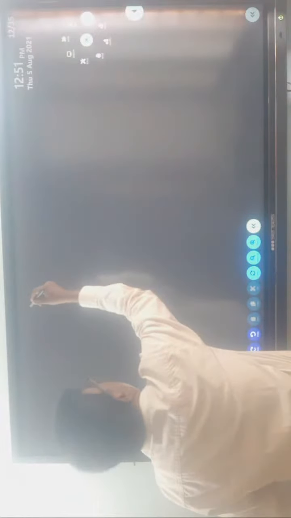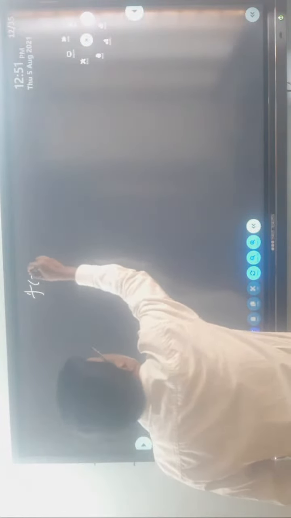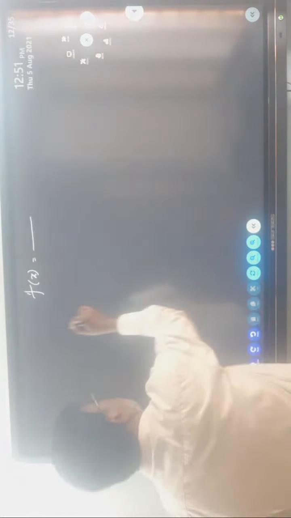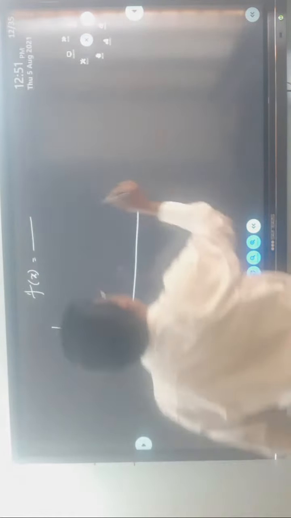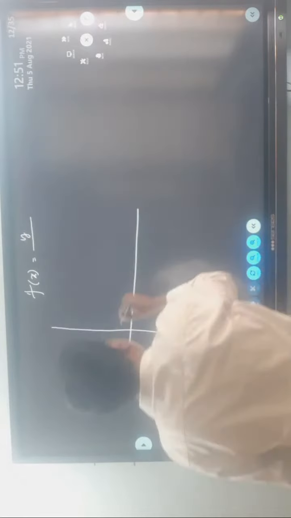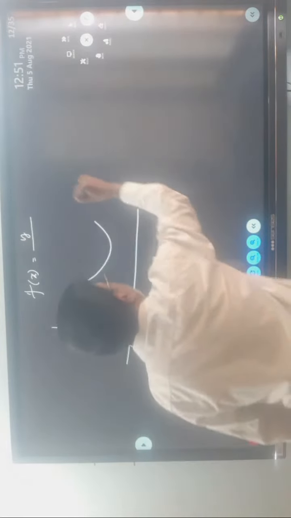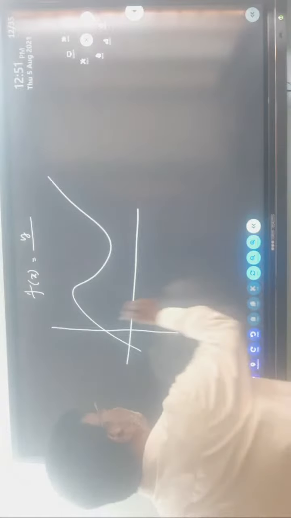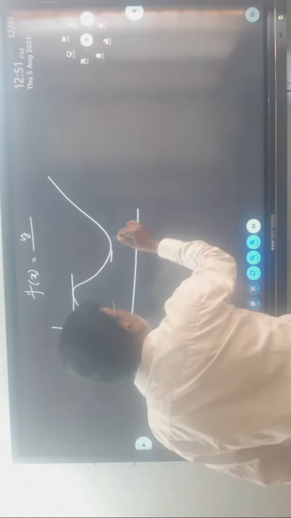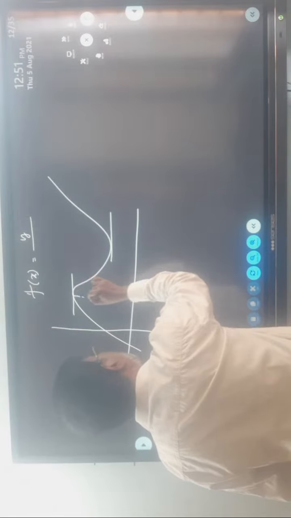Suppose f(x) is given to you, and y = f(x) is a curve like this. Where f'(x) = 0, the slope is equal to 0 at that particular point.